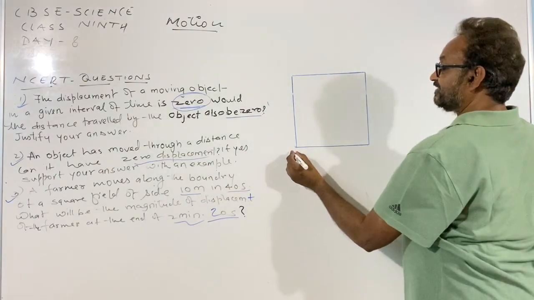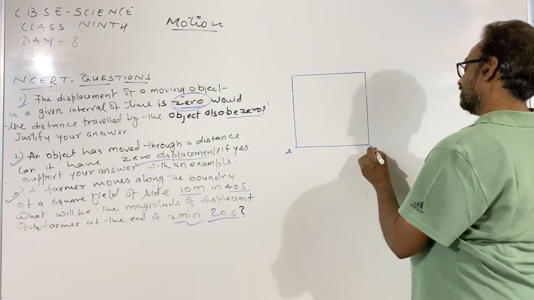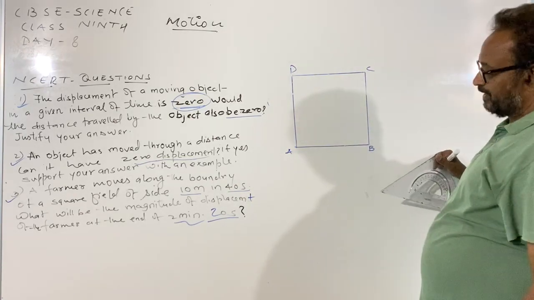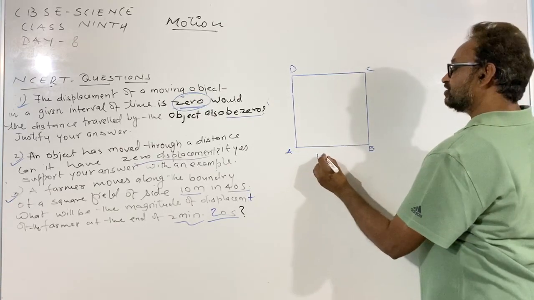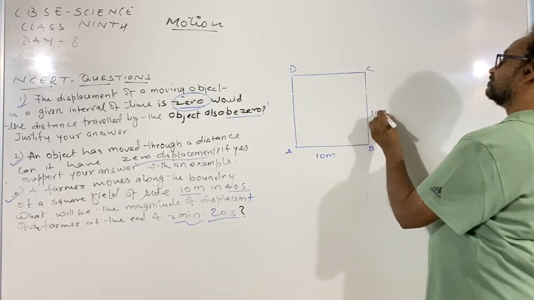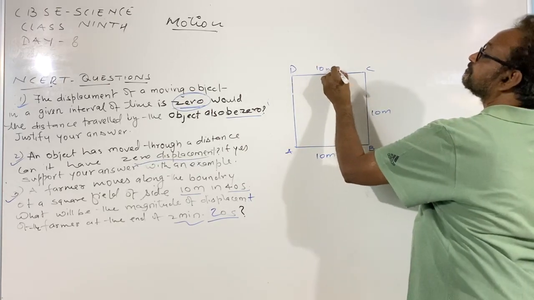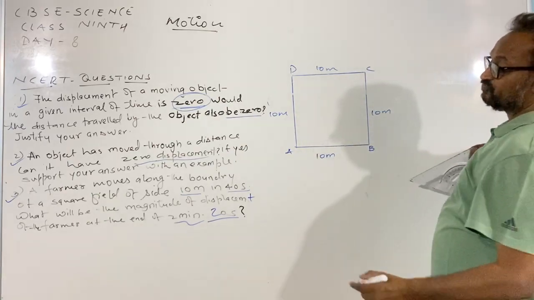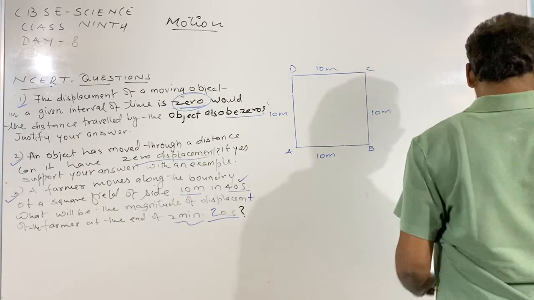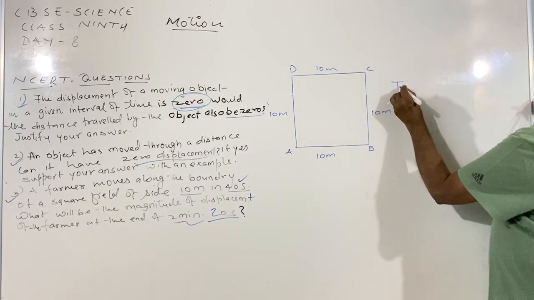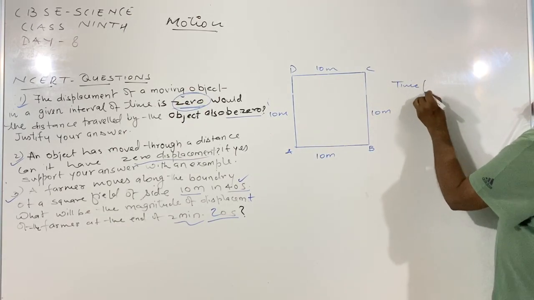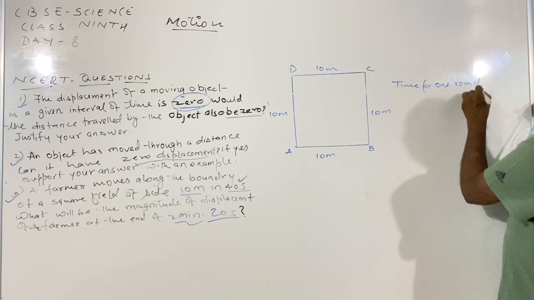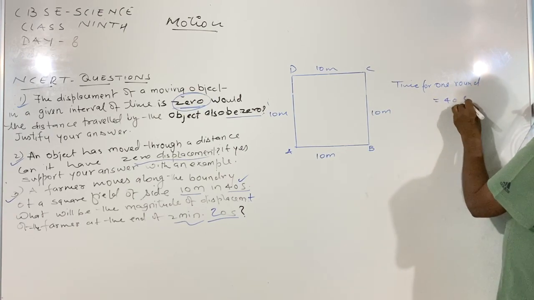Consider that this is the square field under question. The side of the field is 10 meter. He completes one round in 40 seconds. So time for one round is equal to 40 seconds.